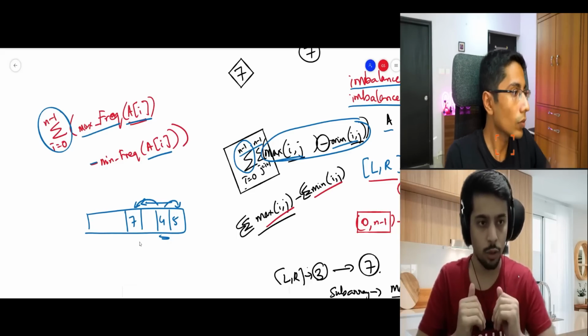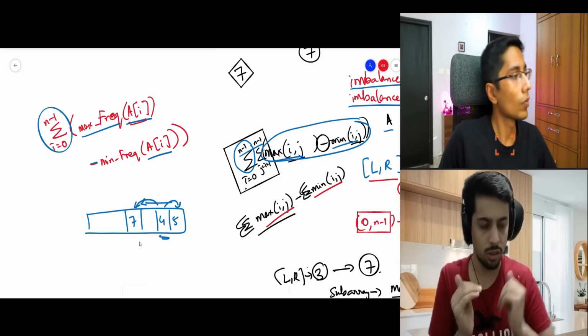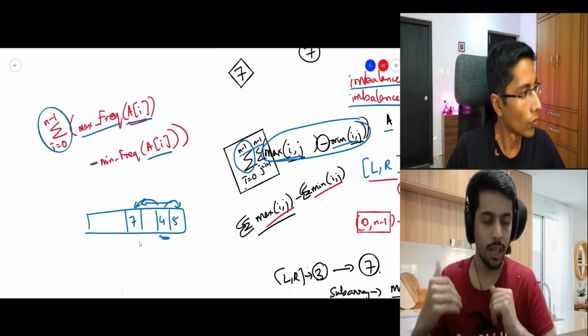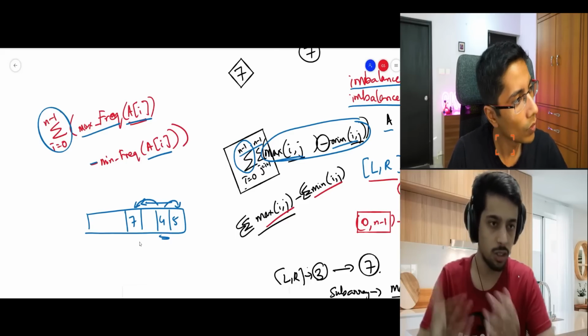Imagine that you're trying for the element E. Then can you explain to me what's the thought process to find out the number of subarrays in which E is the largest?